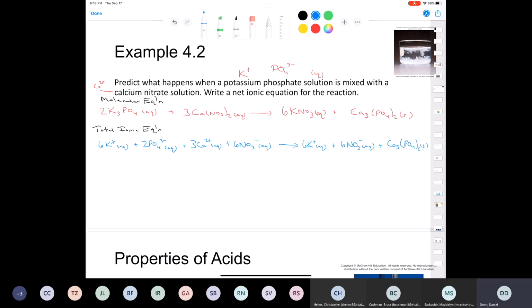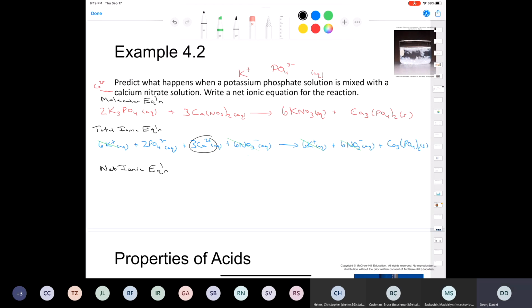Now what are my spectator ions here? I can see that the potassium remained unchanged, and the nitrate remained unchanged. So now when I want to write out my net ionic equation, I'm going to write what's left over.